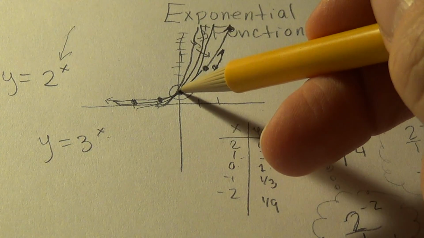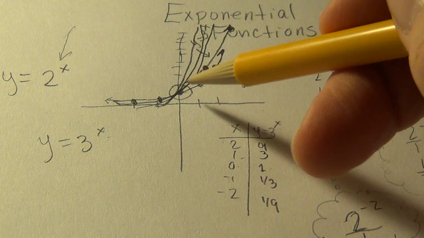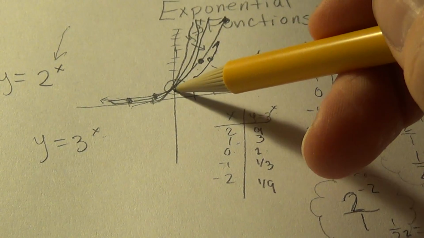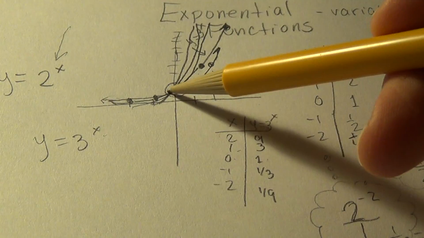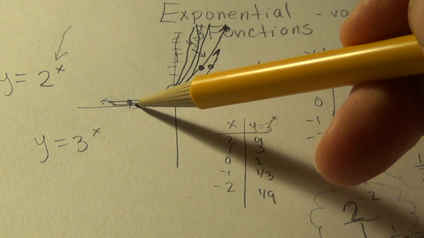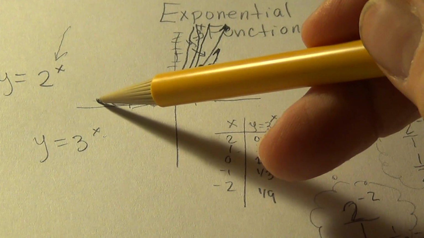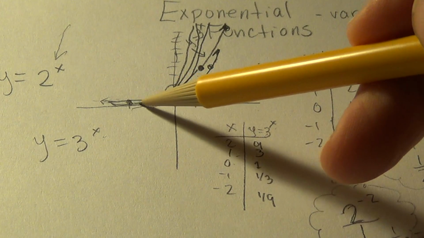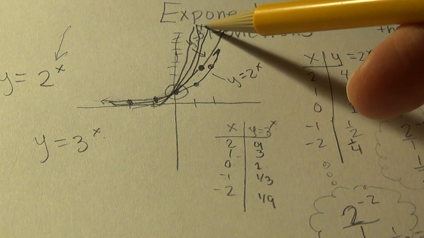So this point is on every exponential, and notice the tails are pretty much alike. I know 3 to the x went lower than 2 to the x, but if you were just doing a quick sketch, it wouldn't matter as long as you had what I call the tail here, and then it goes zinging up.